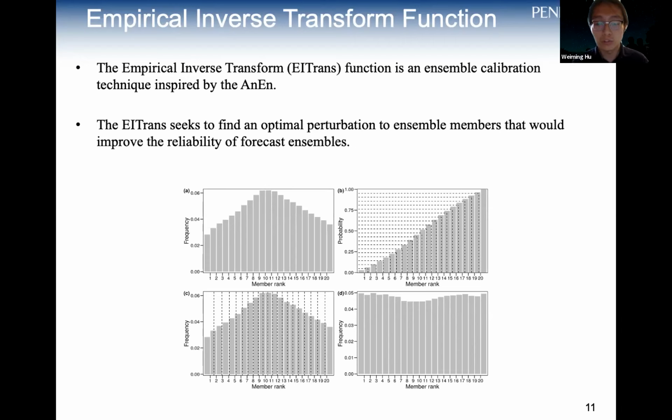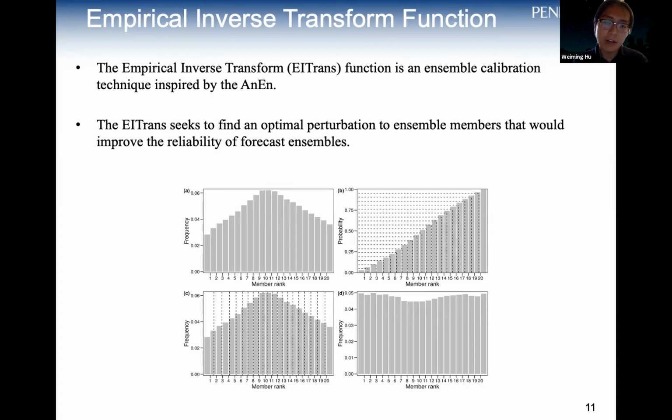So you want to find what are the optimal locations to sample in the probability space, and then you can map it back to the member rank space. So that's where you see the dashed line.